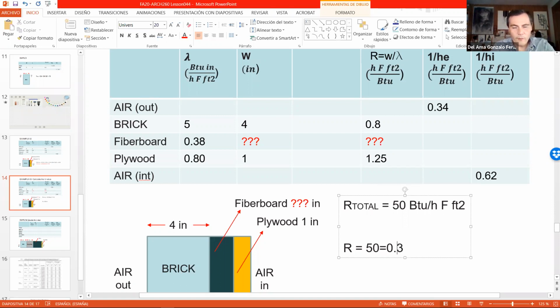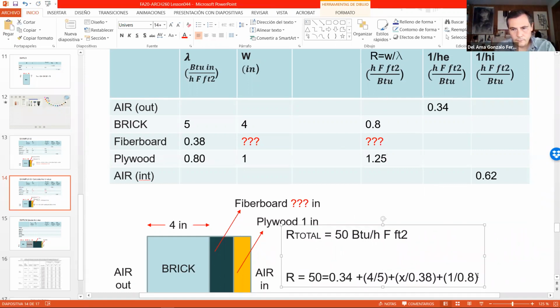So this has to be 0.34 plus 4 divided by 5 plus, we don't know the thickness, so let's say X is the unknown, divided by 0.38 plus the width, it's 1 divided by 0.8 plus 0.62.